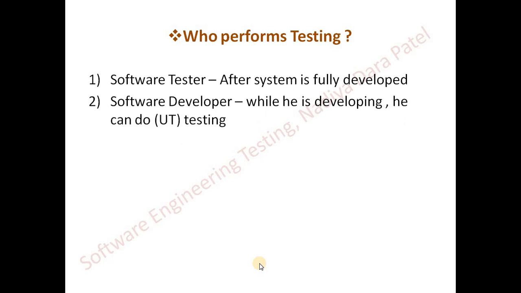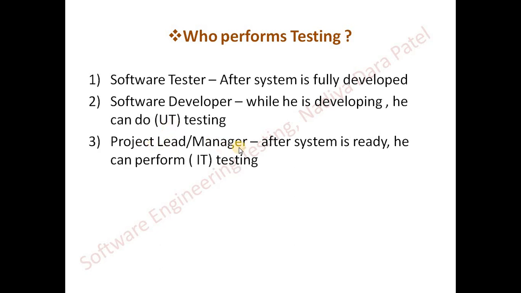Software developers also perform testing directly or indirectly, which is also known as UT, that is unit testing. A project lead or manager can also perform testing. And finally, last but not least, the end users, on whom we are completely going to rely. Our product's quality is completely going to depend on how end users use it.